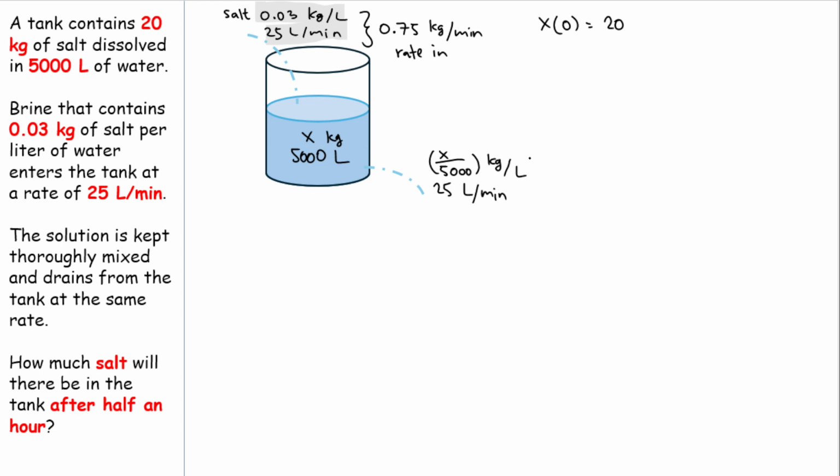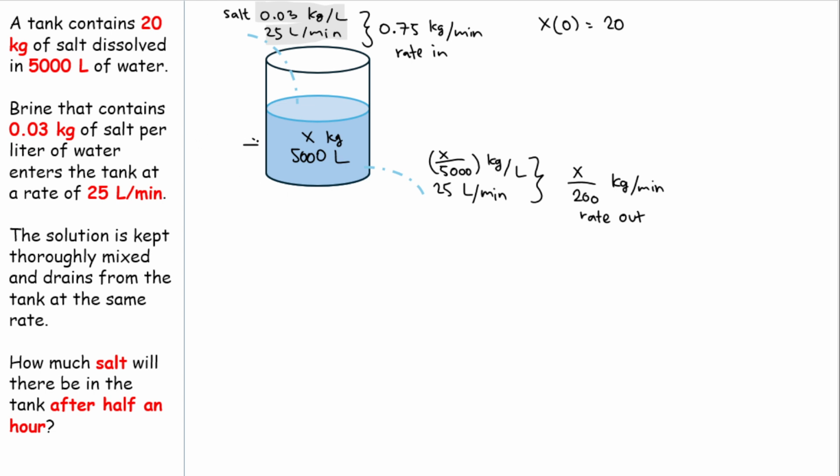If we multiply this, we have x over 200 kilogram per minute. That is the rate of the salt that is going out.